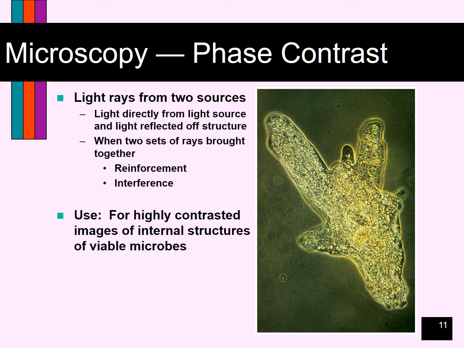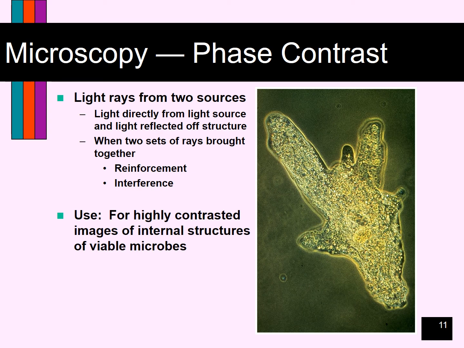of its internal structures. Okay, so this would be something that would be used on viable microbes, which are not stained. Okay, so they're living, they're not stained. Staining would kill them in the staining process, and it's to see internal structures.